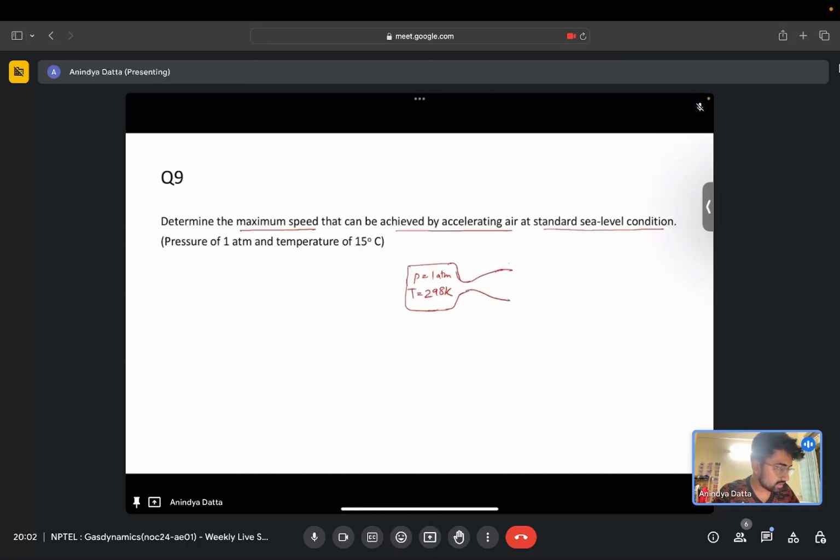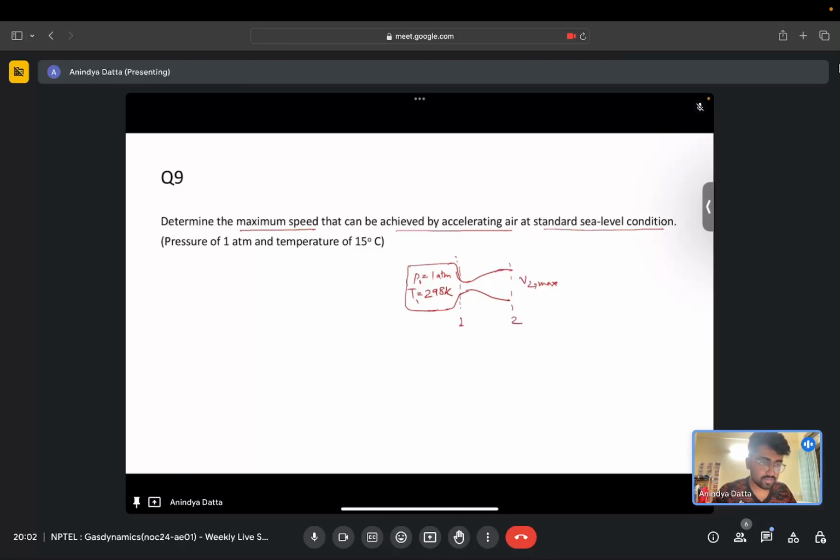So the thing is, what is the maximum speed you will get, V2 max? Since this is in a reservoir, this is 1, this is 2.